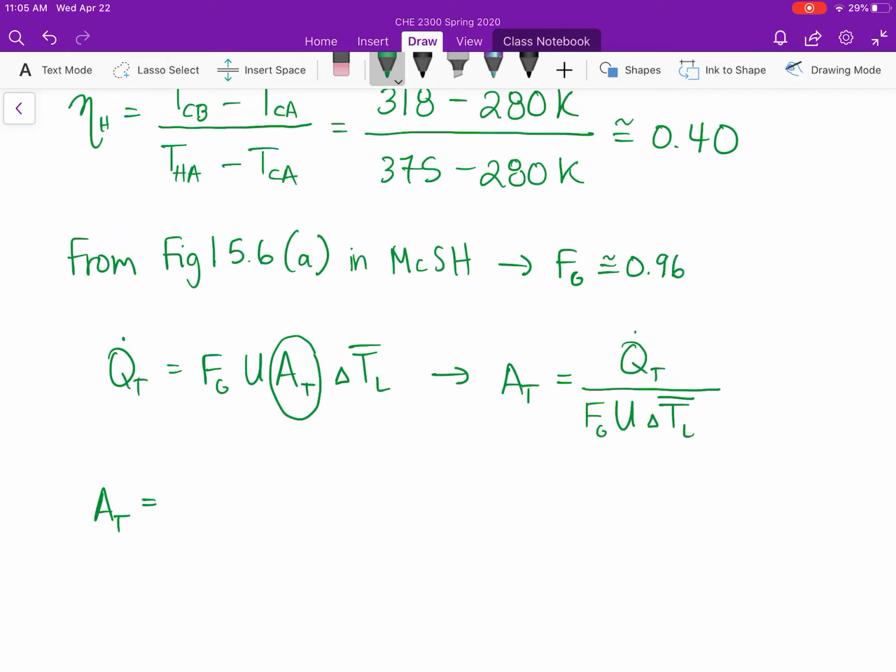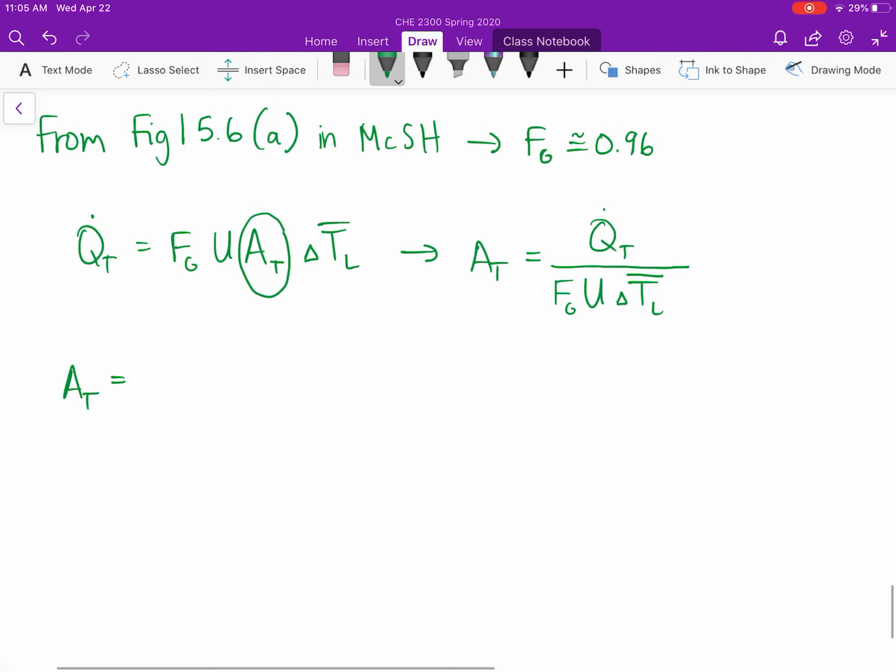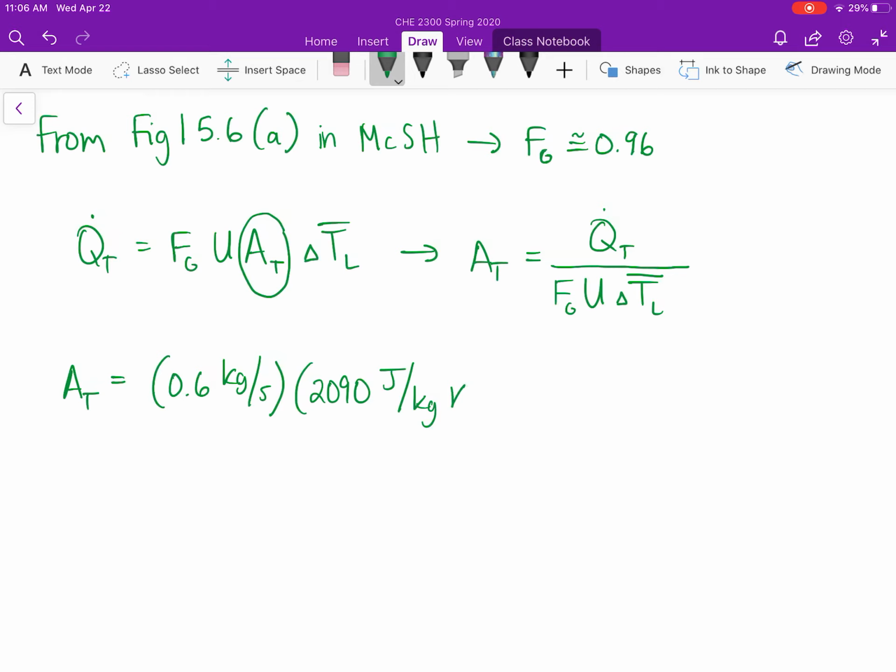So let me plug in all of the numbers. For the QT, it doesn't matter which stream we pick since we're assuming adiabatic operation. So I'll pick the hot stream, so 0.6 kilograms per second multiplied by the specific heat of the hot stream. That's going to be multiplied by the temperature drop of our hot stream.